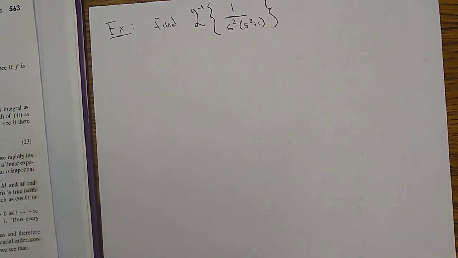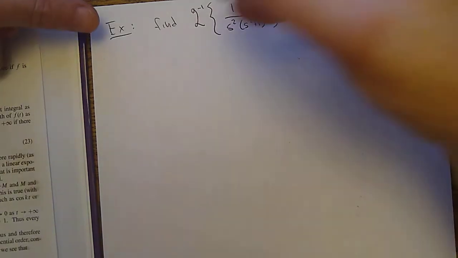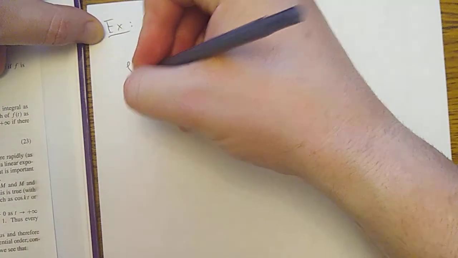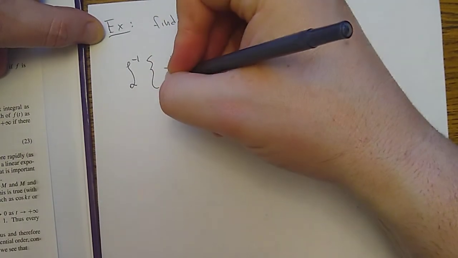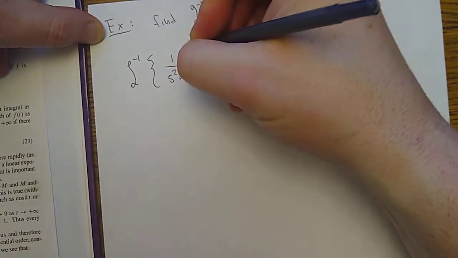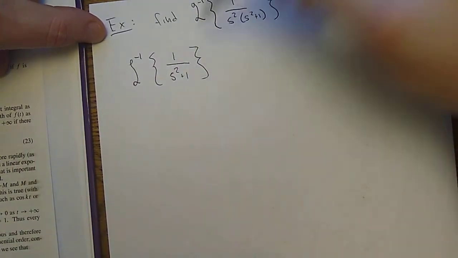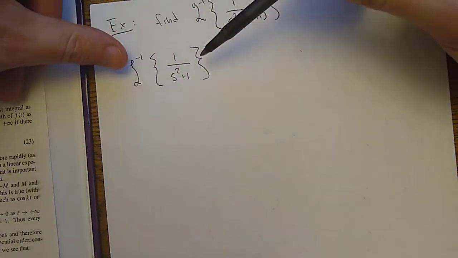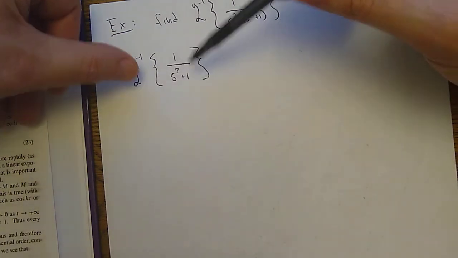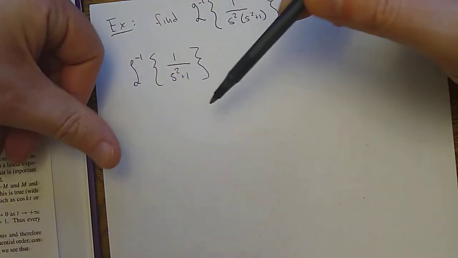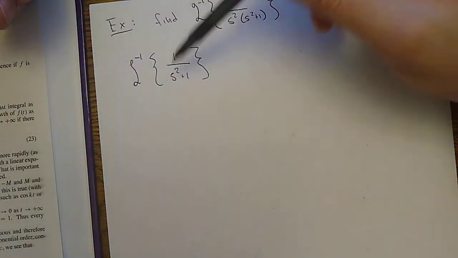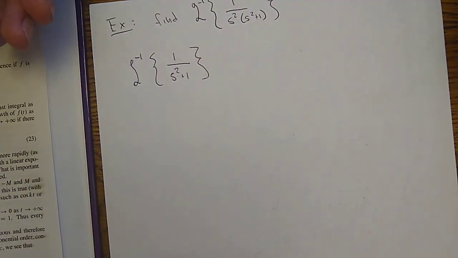However, I can just do this twice. I'm going to take both the s's off. I'm going to find this inverse Laplace transform. And then after this, I'll find the inverse Laplace transform with just one of the s's there. And then finally, I'll find the inverse Laplace transform with both of the s's there.